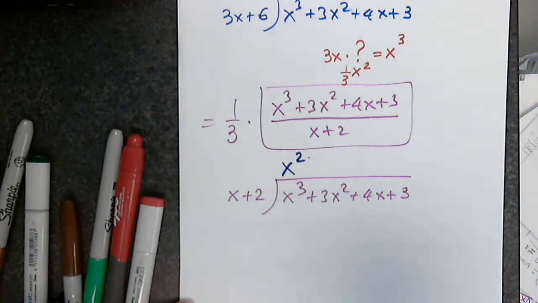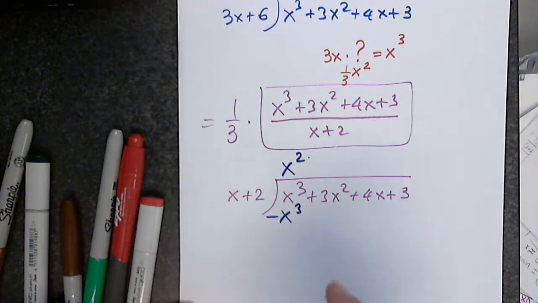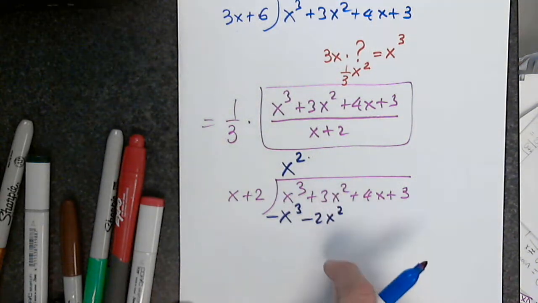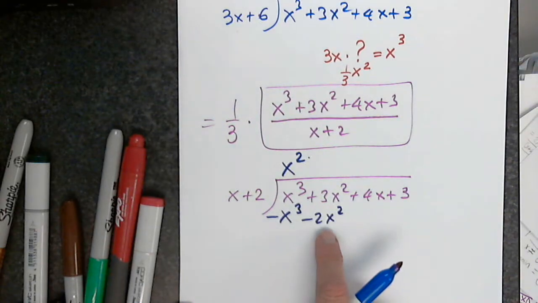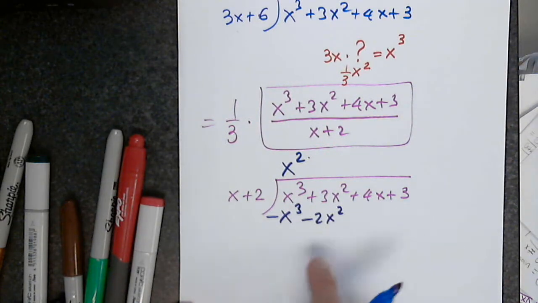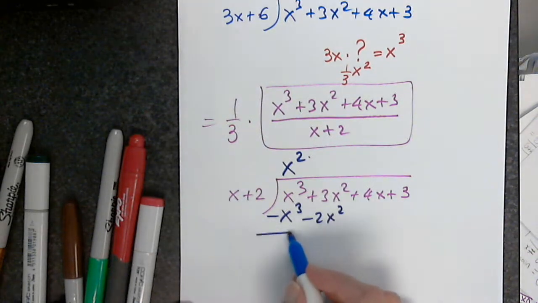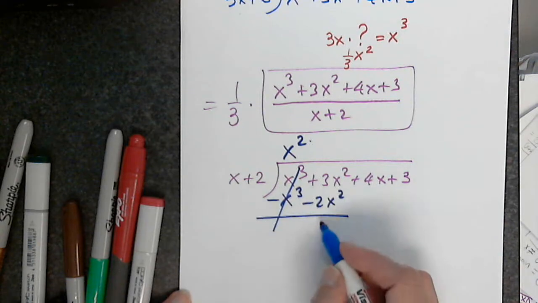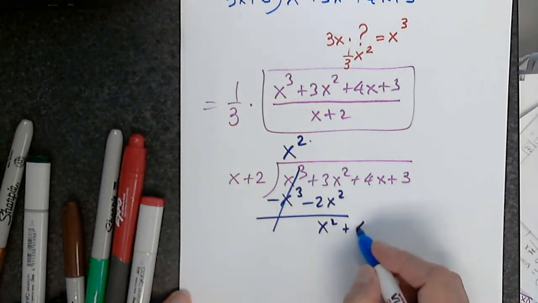So x squared times x is right, but I have to write the opposite. 2 times x squared is 2x squared, but I have to write the opposite, and it has to be under like terms. I cannot write negative 2x squared under 3 or 4x or somewhere else. I draw a line. X cubed goes away. 3x squared minus 2x squared is x squared, and I have to bring down the next in line.